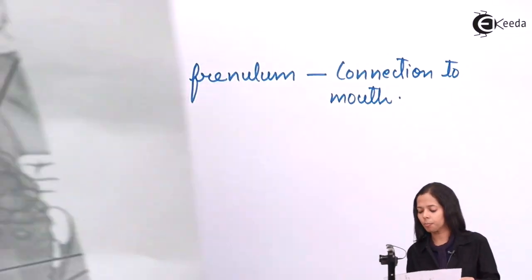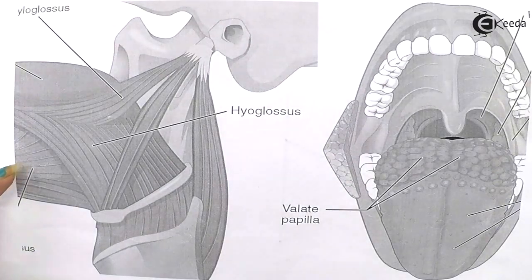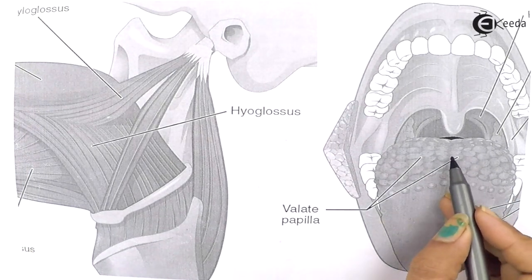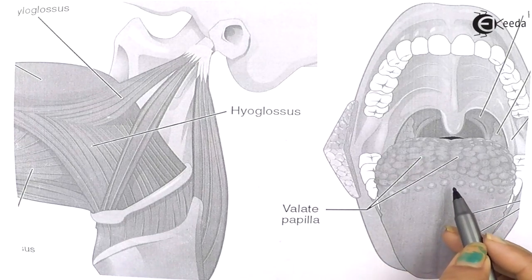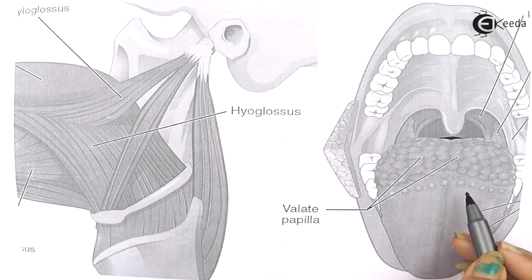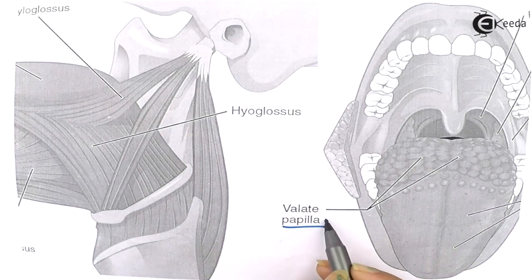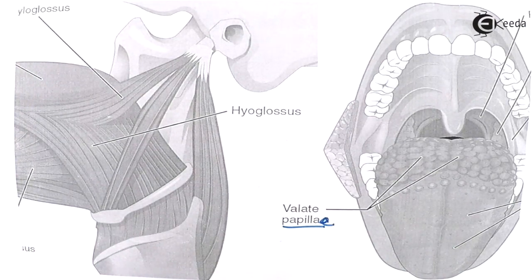You can see in this picture, this is the structure of the tongue, and these are the projections, bump-like structures on the tongue, and these are called papillae. Plural is papillae and singular is papilla. Now the tongue shows the presence of 4 types of papillae.